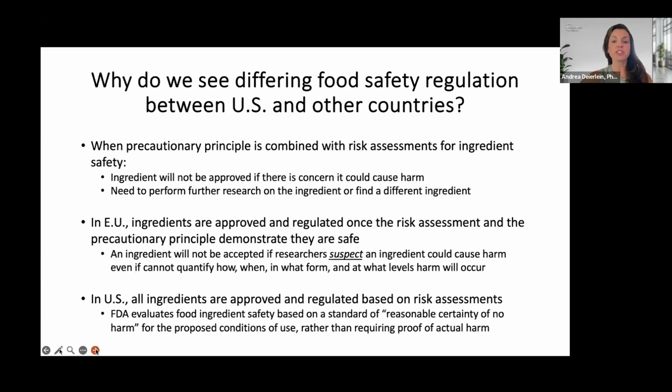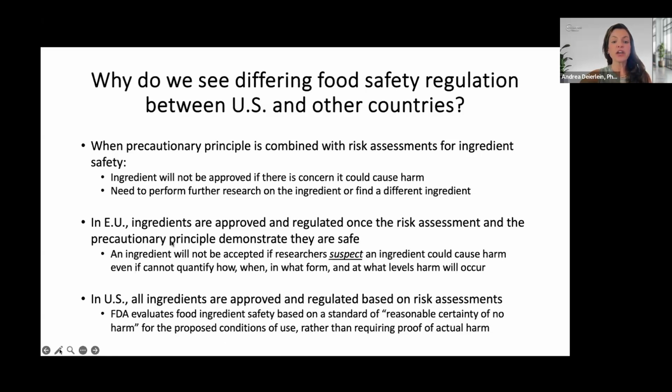So when the precautionary principle is combined with risk assessments for ingredient safety, the ingredient's not going to be approved if there is concern that it could cause harm. And in those cases, often there would need to be further research on that ingredient in order to prove that it doesn't cause harm, or there would just be the onus of trying to find a different ingredient, one that doesn't have that risk profile.